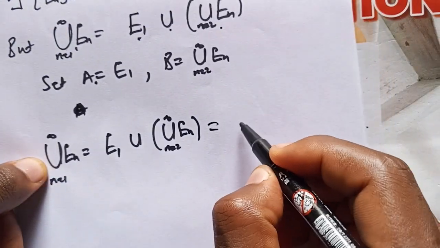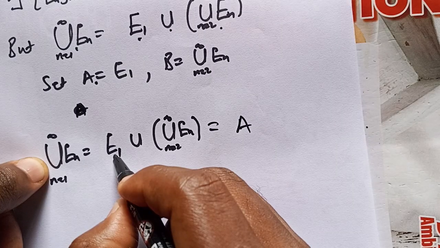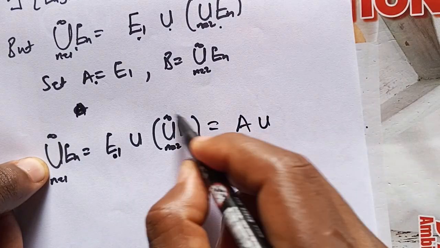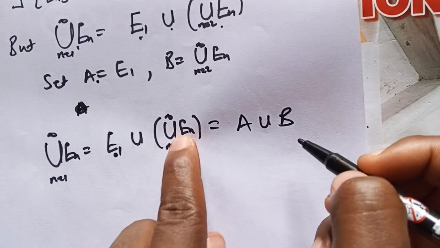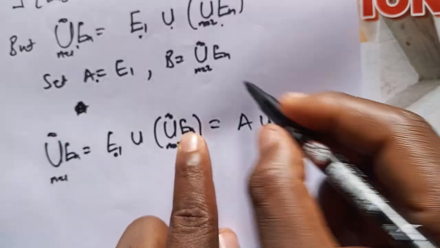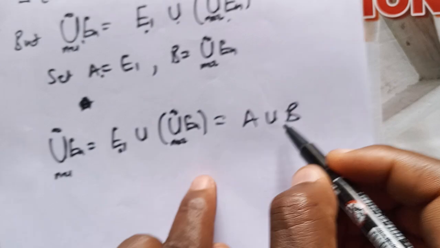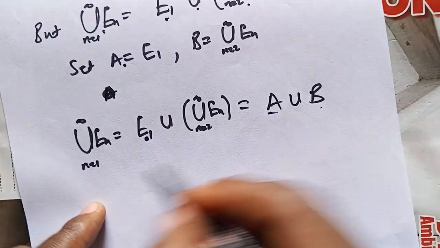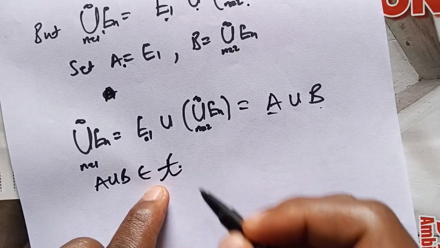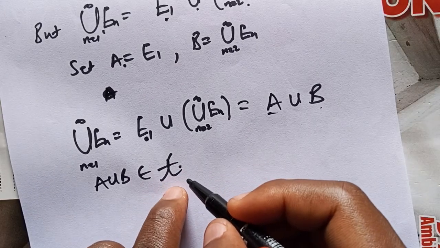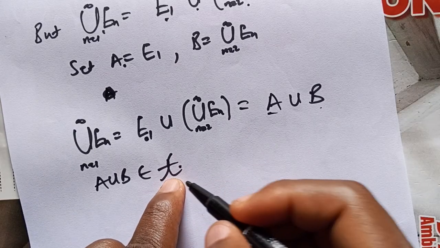So this gives me my A, since E1 is A, and this will be my B. Of course, the union of this will actually give you a set, and we call that set B. So we've shown that A union B is in this sigma algebra. So definitely this means that every sigma algebra is an algebra.